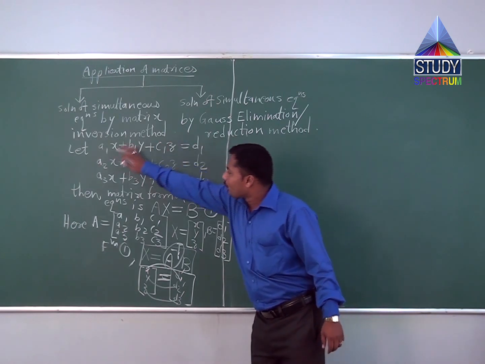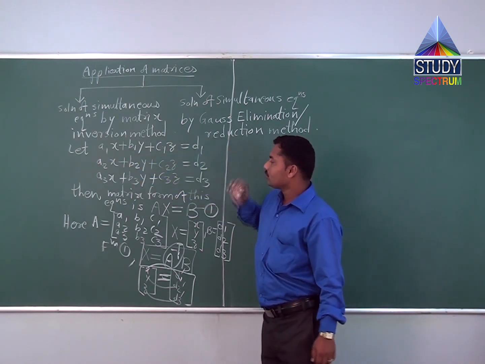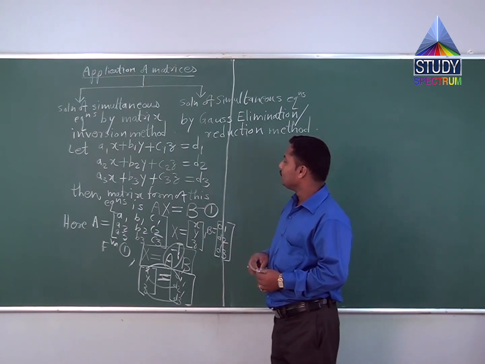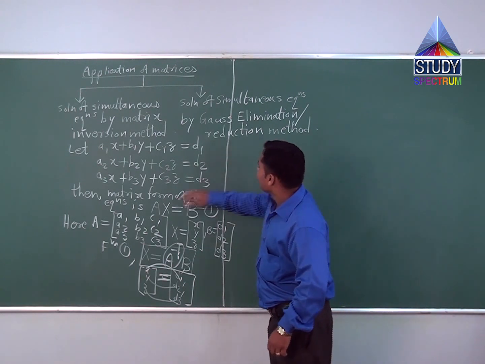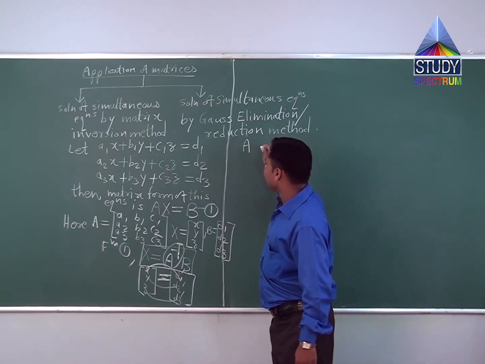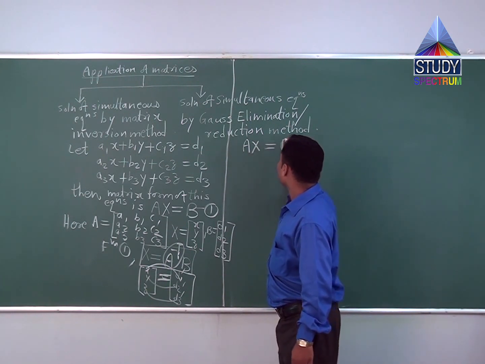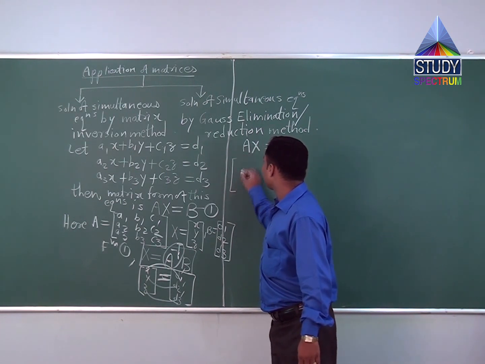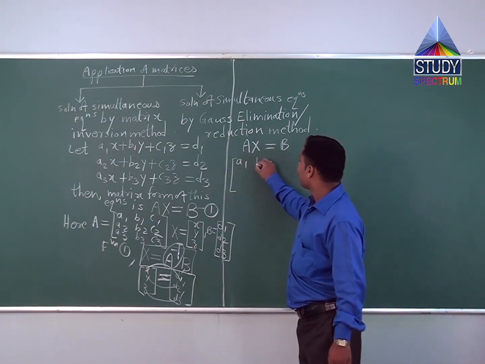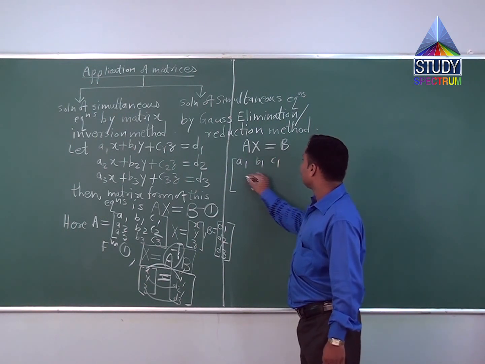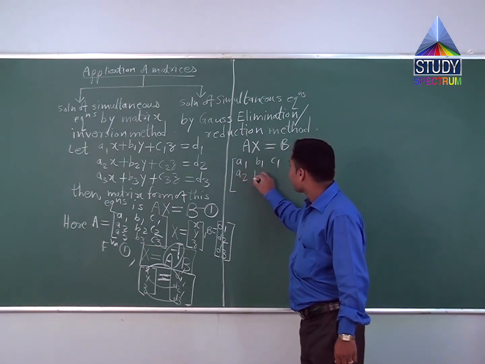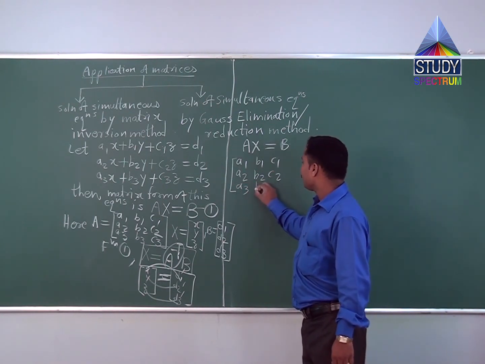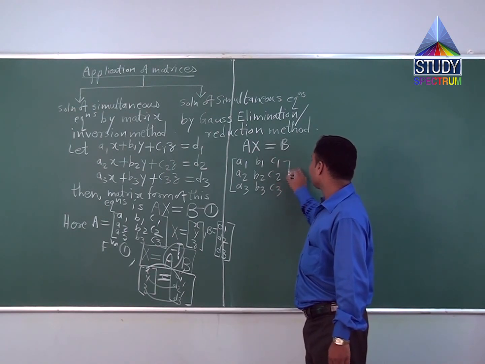So suppose these are the simultaneous equations in three unknowns x, y, and z. Then the matrix form is AX equal to B, where A is the matrix with rows A1, B1, C1; A2, B2, C2; and A3, B3, C3.